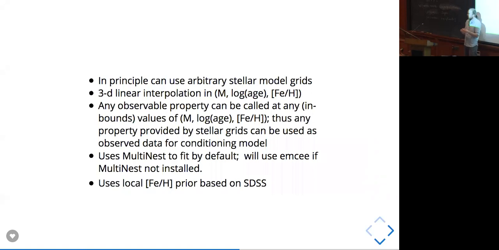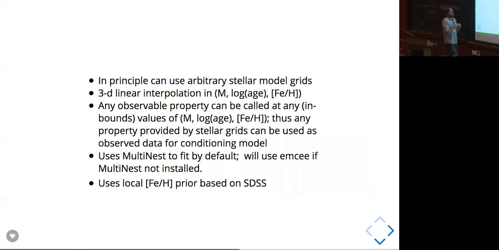I've also done one more, I forget what it's called, but it's relatively straightforward to add any new stellar model grid that you want, and the whole thing works the same. It's plug and play, so that's fun. It's a good way to compare results from different stellar model grids to see if there are any differences.